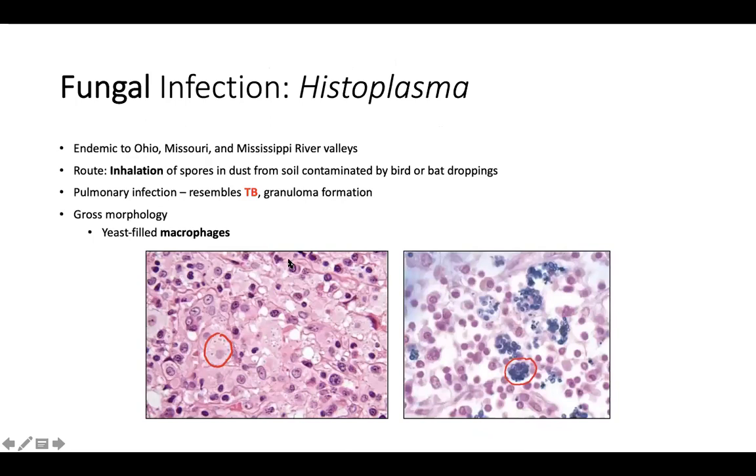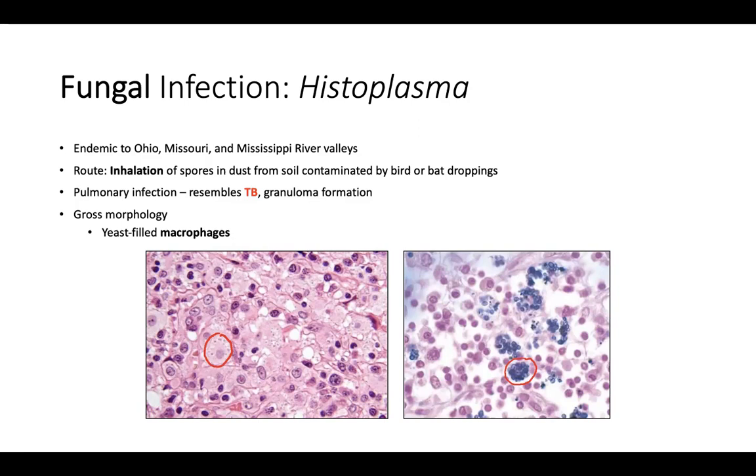Histoplasmosis is going to be endemic. It's important to know where it's located. So in the South, so Ohio, well, sort of South, Ohio, Missouri, and the Mississippi River valleys, Tennessee, has histo. And inhalation of spores or dust contaminated by birds or bat droppings is how you get it.